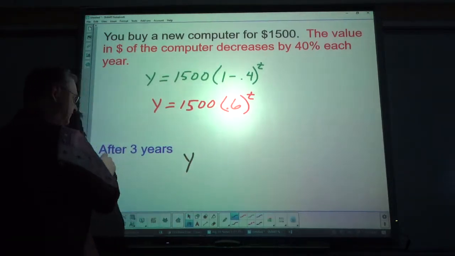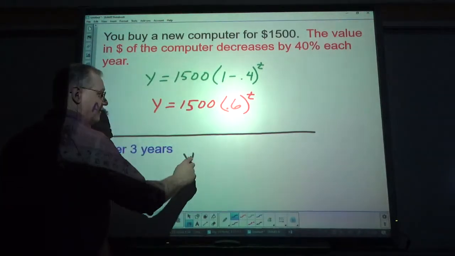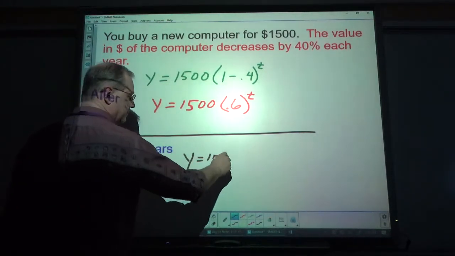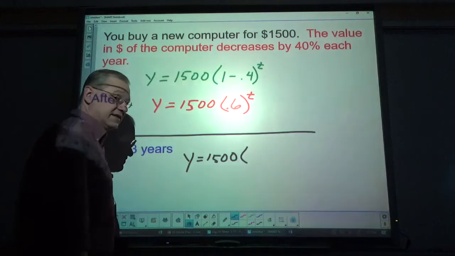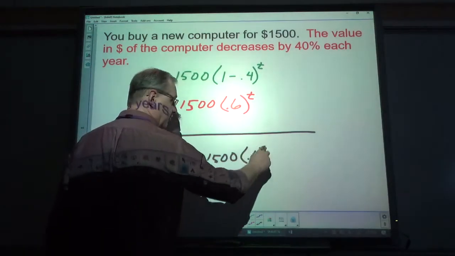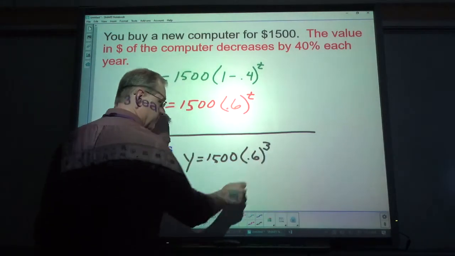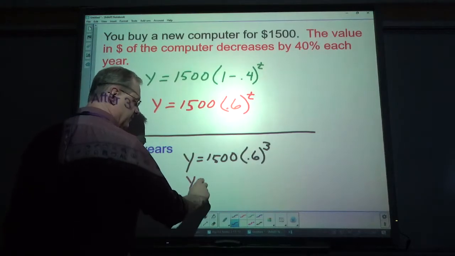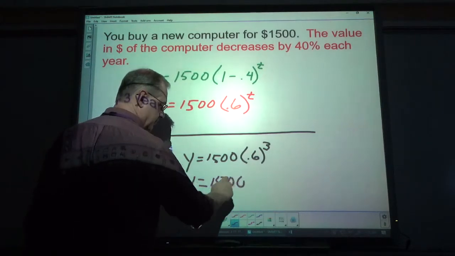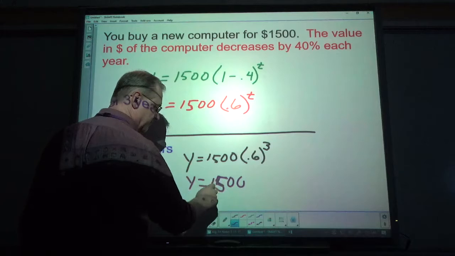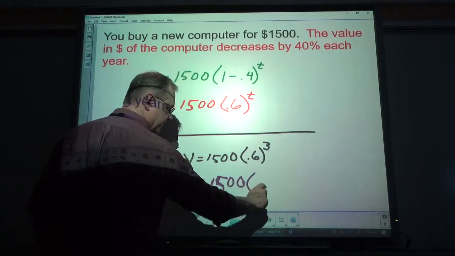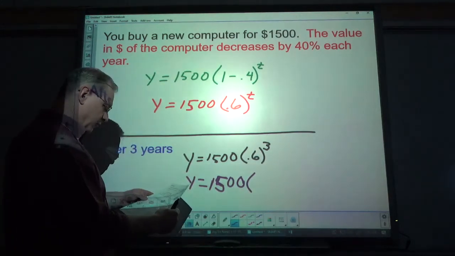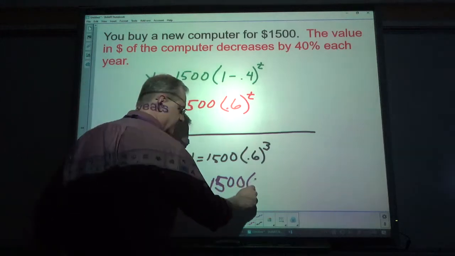So, after 3 years, what's it going to be worth? 0.6 to the third is 0.216, times 1,500.